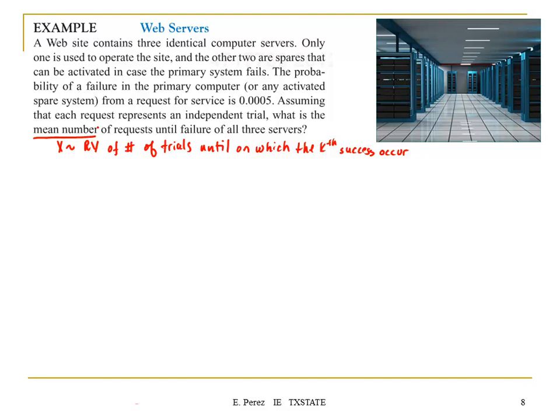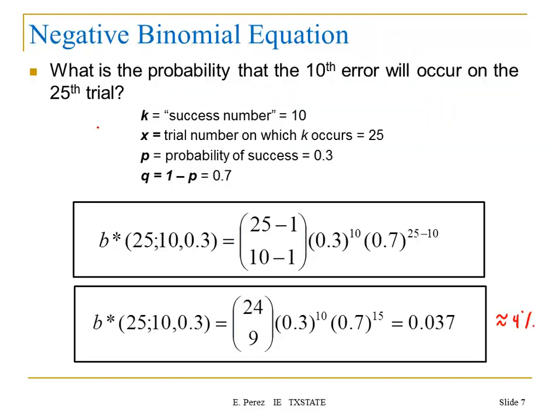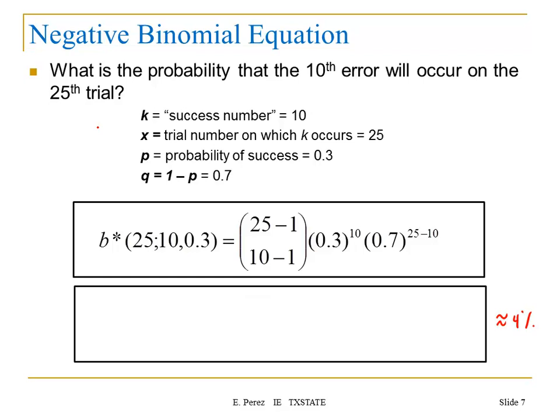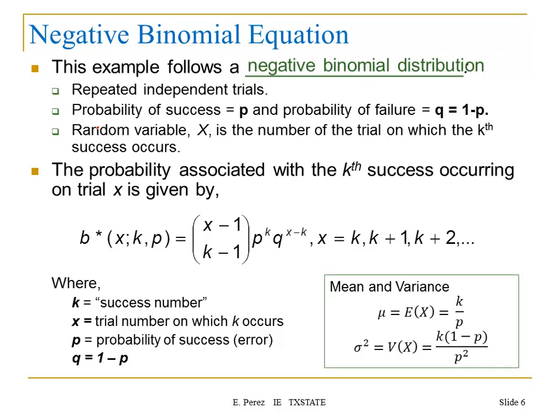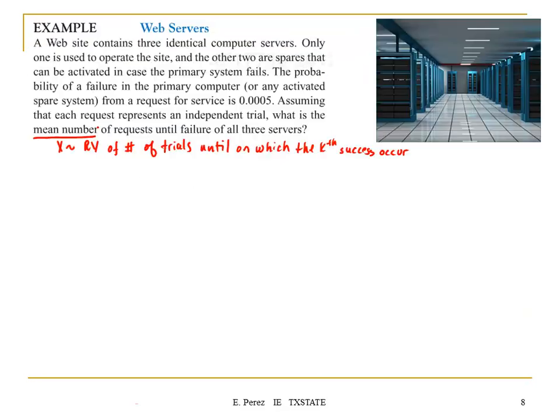Mean, expected value, average, all refer to the same thing. We're looking at the expected value, and we now have to compute the expected value for a negative binomial. It's right here. So the expected value, or mu, is going to be equal to, so we know the probability of failure.